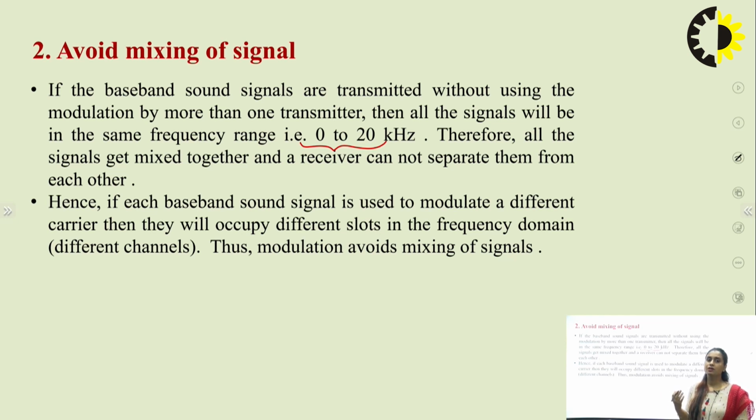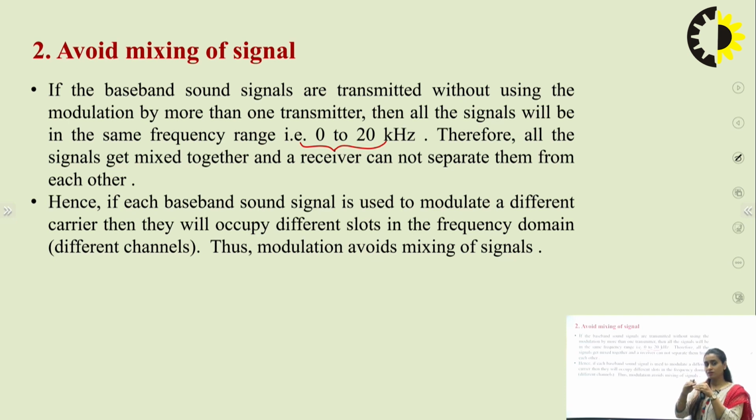We are exchanging audio signal, and audio signal falls in the range of 0 to 20 kilohertz. So imagine the number of users occupying the same frequency band at a single point of time. So there is increased chance of interference. Yes, there will be interference. Therefore, all the signals get mixed together and the receiver cannot separate them from each other.